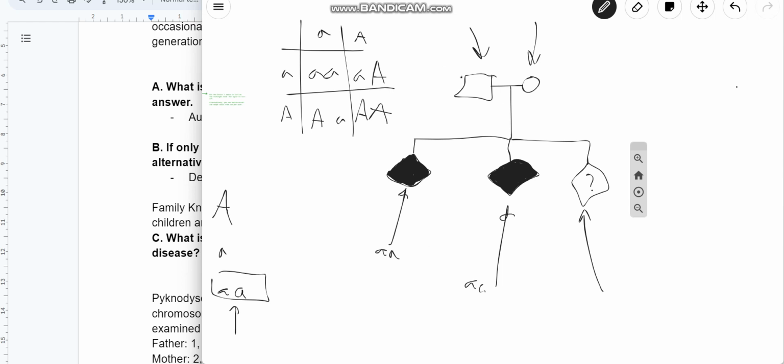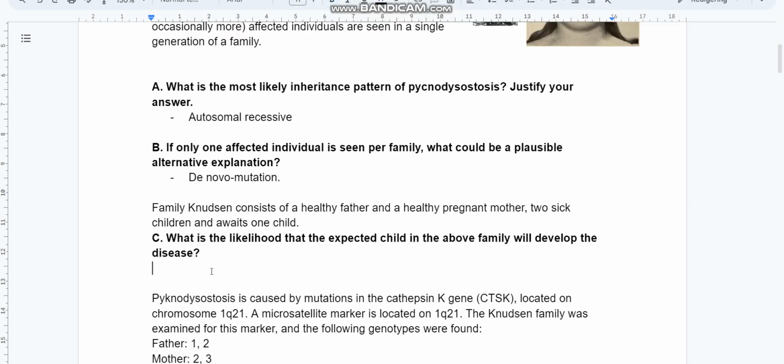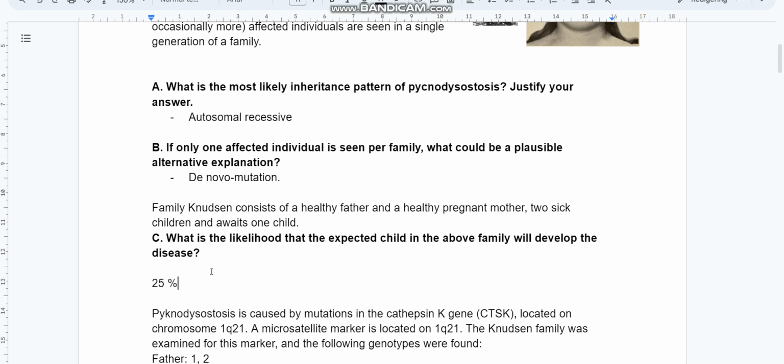In fact, the only genotype they can have is capital A, little a, for both of them, because that is the only choice that allows them to have a child with the expressed phenotype. Now you do the Punnett square, and you'll see that there is a 1 in 4 chance of them having a child with the genotype that will make it sick. So the likelihood is 25%.